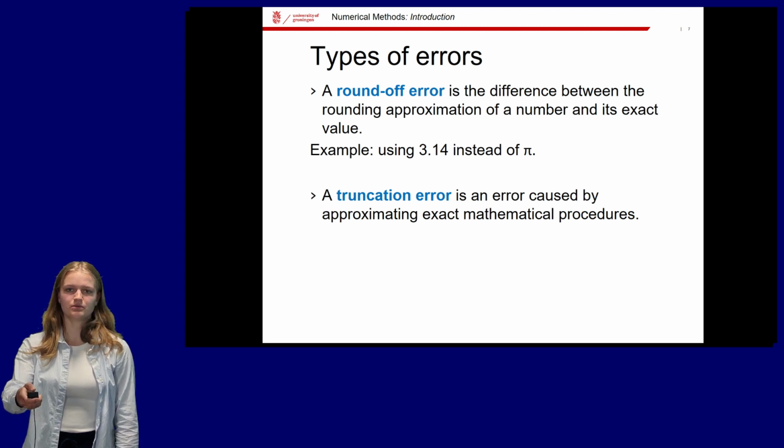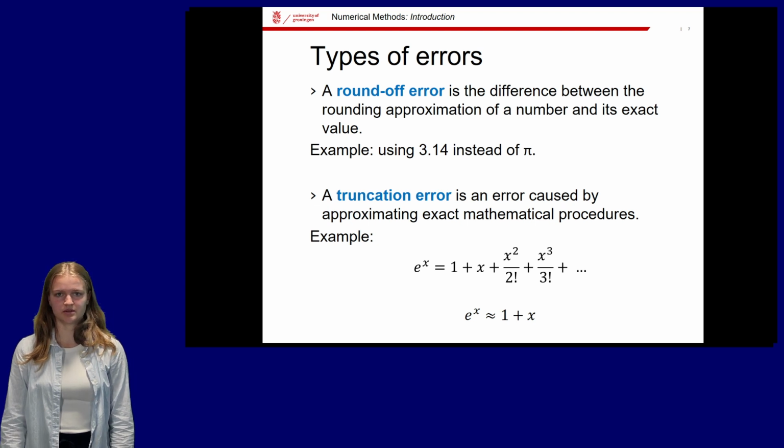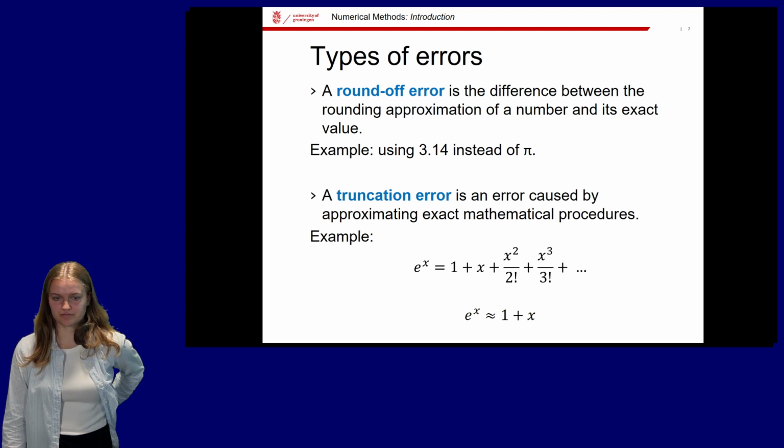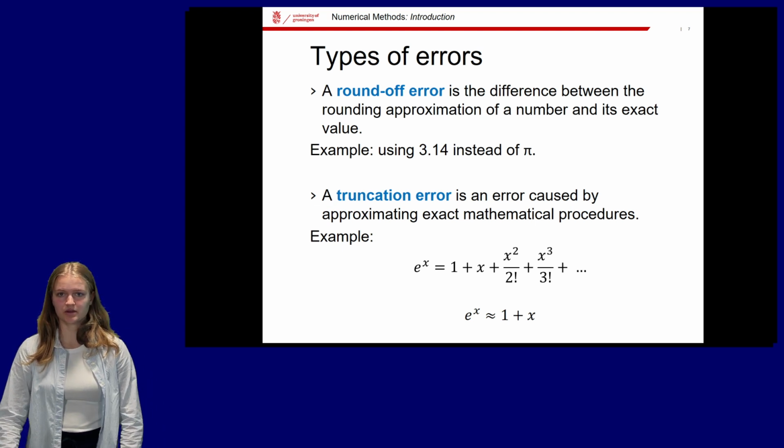For example, if we have the exponential series, you have this infinite sum, 1 plus x plus x squared over 2 plus etc. Obviously you cannot use an infinite sum, so let's say we will use only the first two terms to approximate this exponential series. This means that your error is going to be the third term and higher.